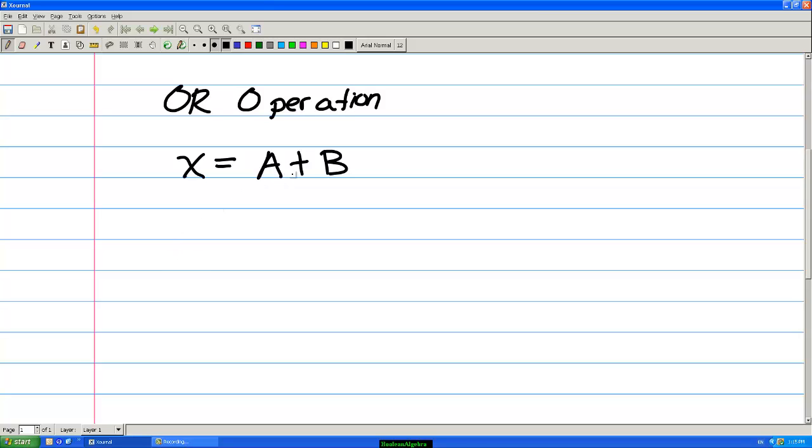Now remember, A and B are variables that represent logic variables. So A and B can be either 0 or 1, two possible values.